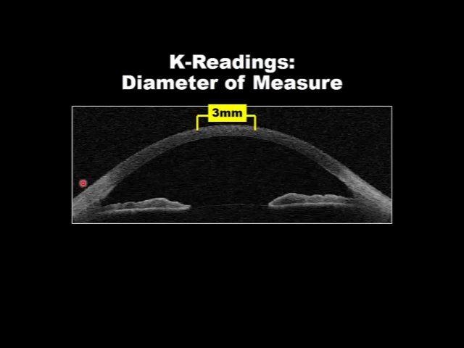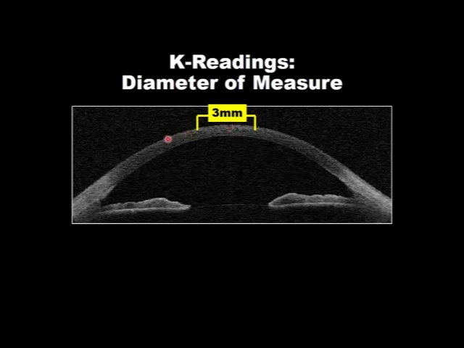Now, if we were to use K readings as the source for our lens construction, how valuable will that be to us? If you consider that K readings are taken across a 3 millimeter diameter, 1.5 millimeters away from center, we're missing all kinds of information on the steepest part of the cornea, the center of the cornea.